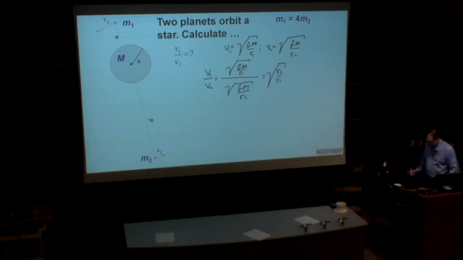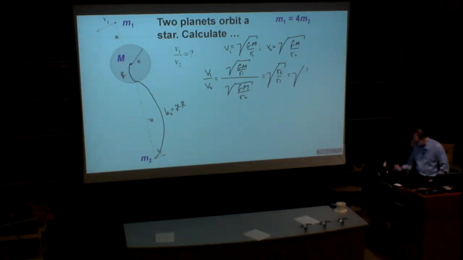And now we just have to use the picture. In this picture, this is the altitude h2, which is equal to 7 times the radius of the planet. But for the radius of the trajectory, we should add one more radius. So it's going to be equal to 8 capital R. And R1 will be equal to 2 times R. And the answer is 4.